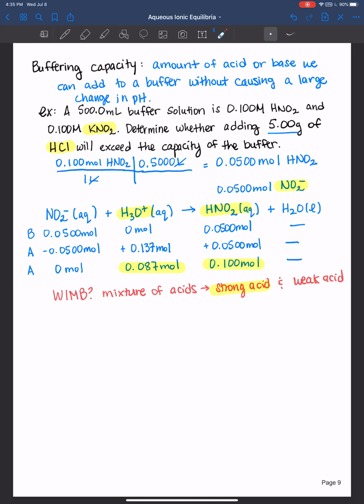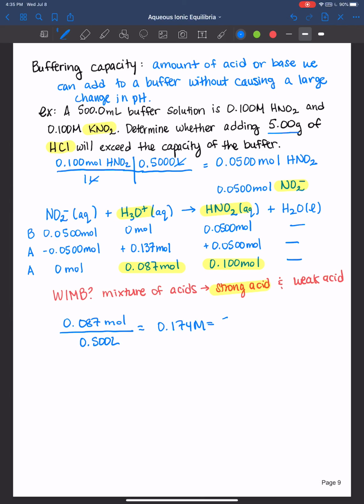Now, to figure out the pH based on the strong acid, we need the molarity. And so therefore, we will take that 0.087 moles, and the total volume we will assume is still 0.5 liters. That's 0.174 molar.